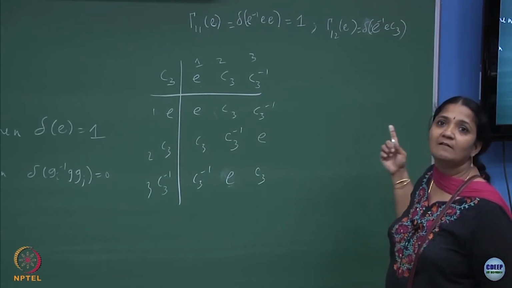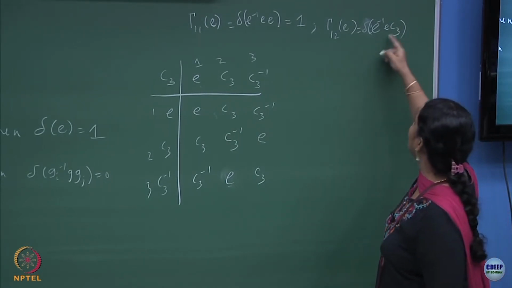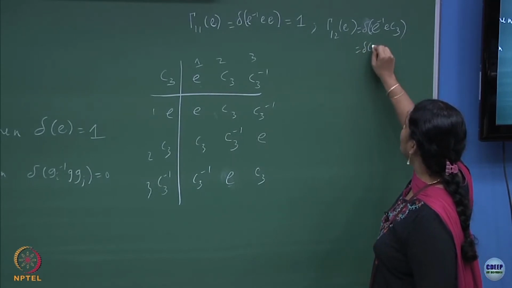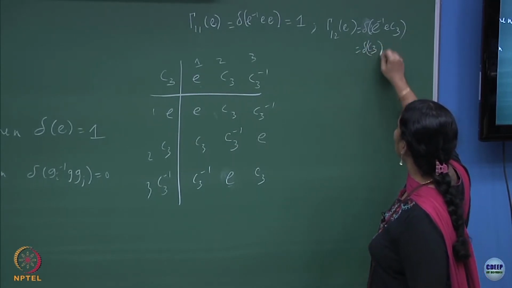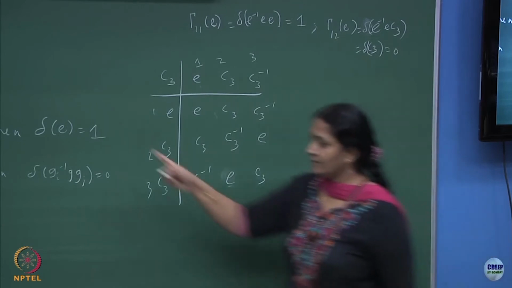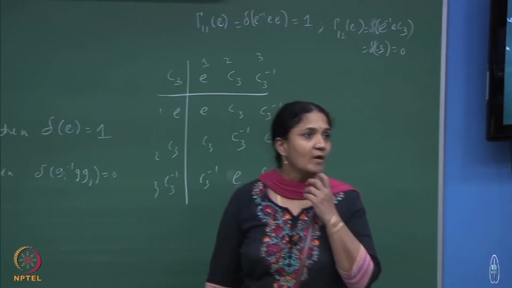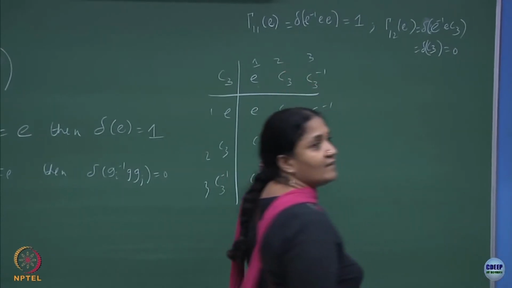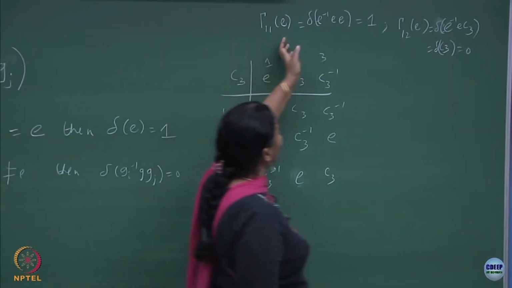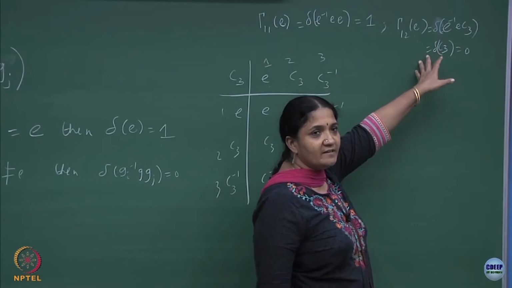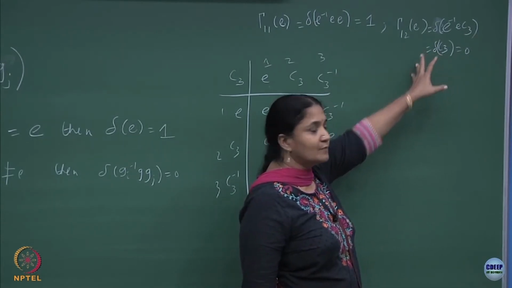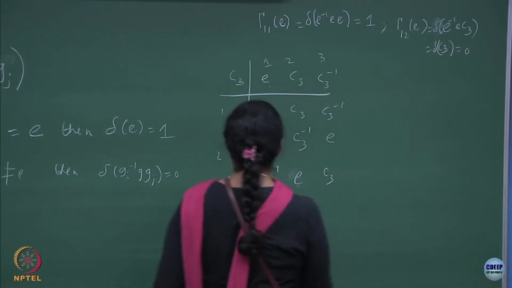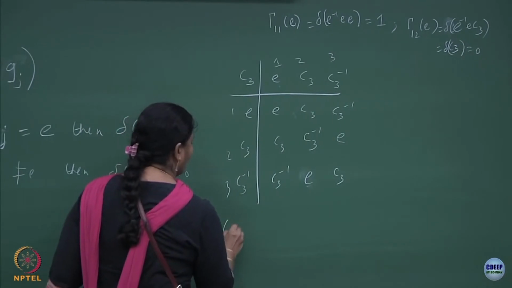What is that? That is delta of C3, which is 0 by this definition, anything which is non-identity. So, if you put in all these things, you will find all the matrix elements associated with the identity element, and you can write the 3 cross 3 matrix for E.